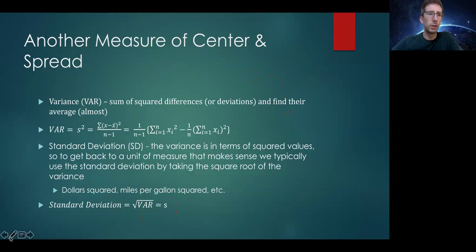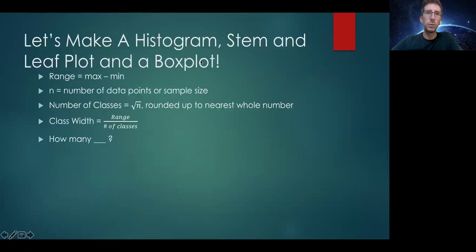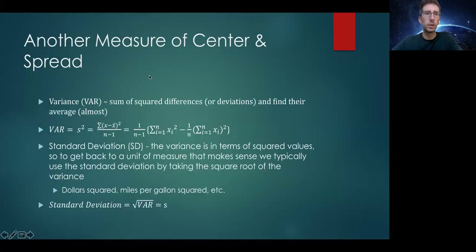I'm going to write down those numbers again just before I forget them. We had 1, 4, 5, and 6, and we already calculated our x bar, which was equal to 4, and we will need that to calculate our variance or our standard deviation.